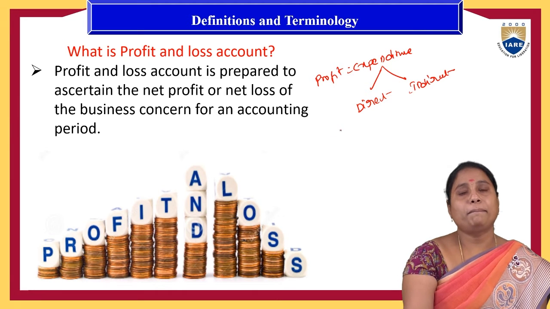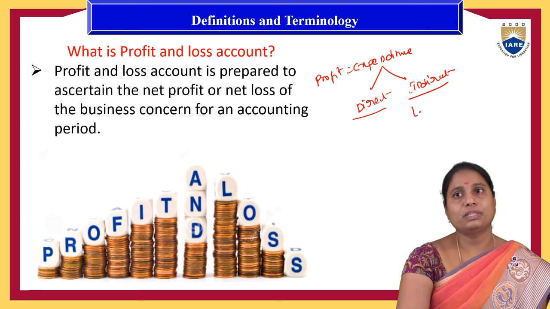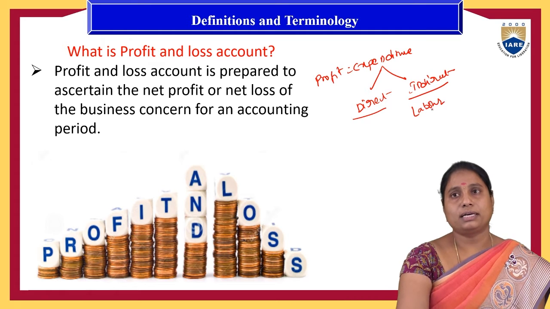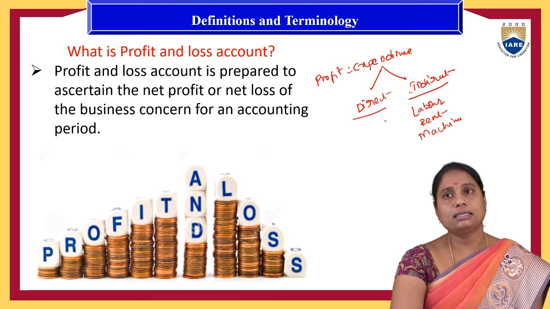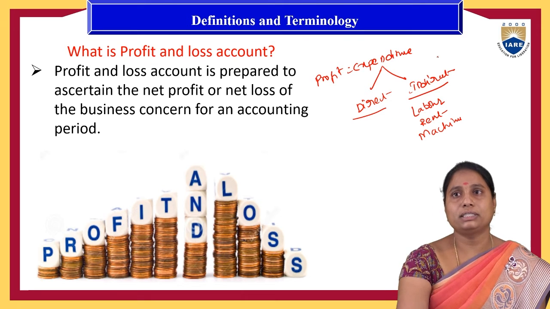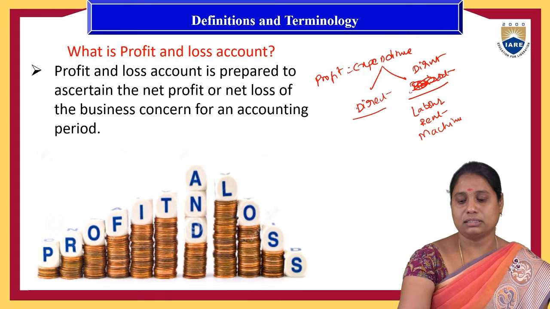So if the product is there, and for that the labor charges, rent paid, any machinery charges, etc., will be called the direct charges.